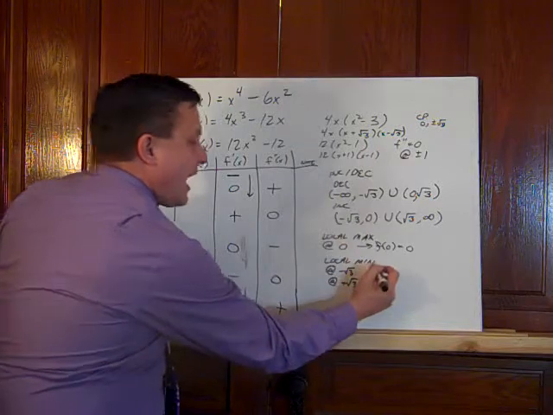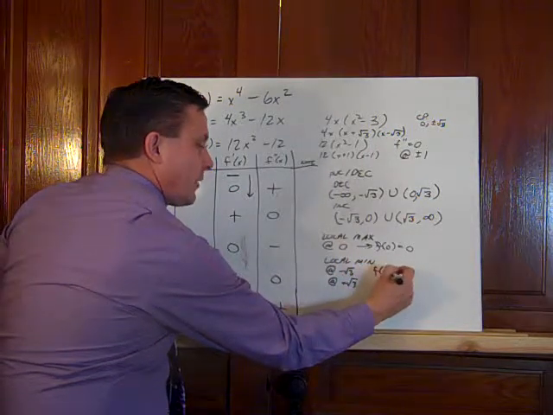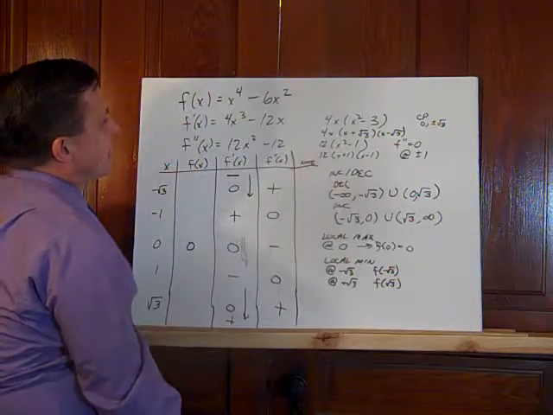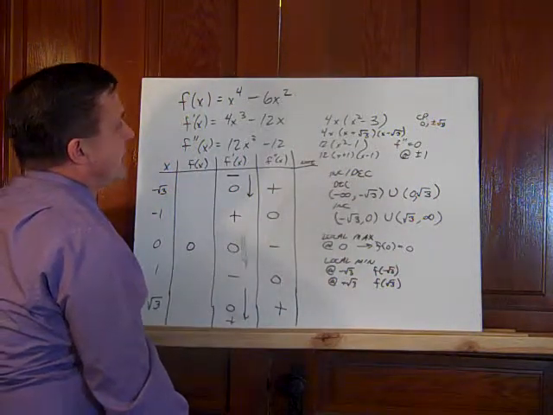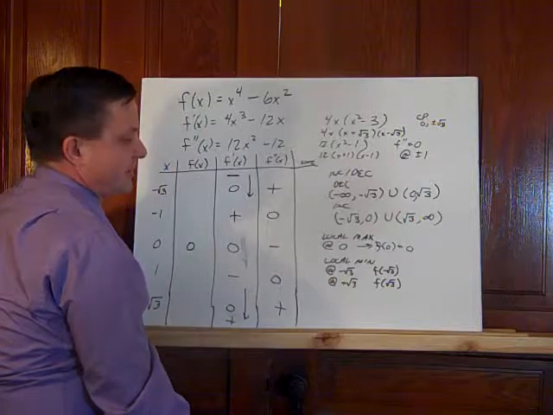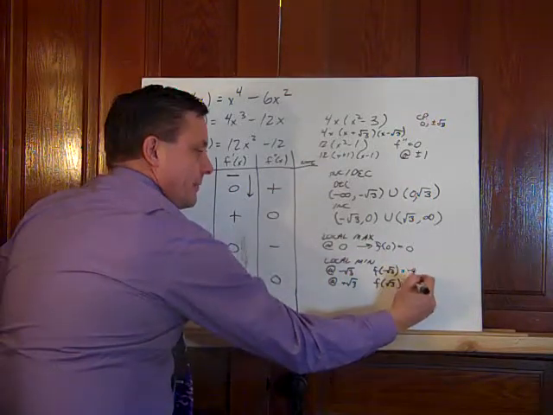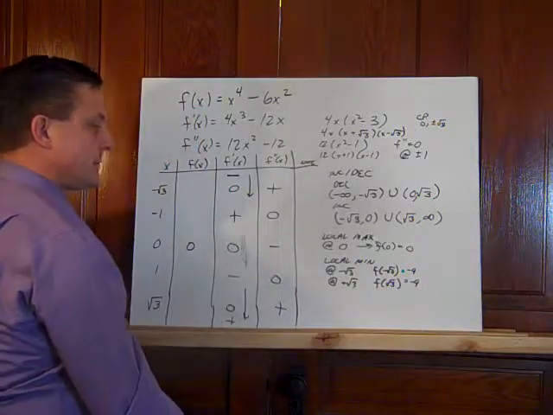I'm just going to write that it's f of negative square root of 3 for a value and f of square root of 3. I can see here, square root of 3, 9 minus 18, they're both negative 9. And those are local mins.